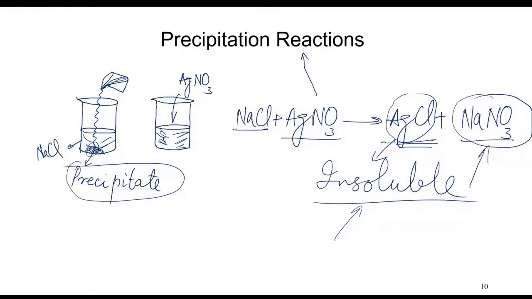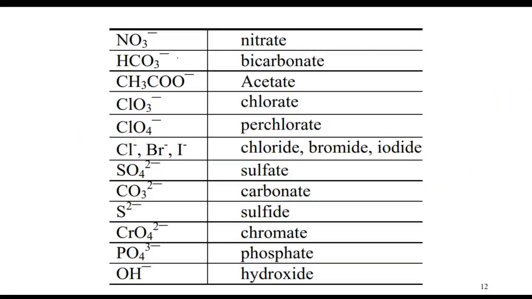Okay, friends, now listen carefully. How do you know this ionic compound is soluble or insoluble in water? Okay, these ions: nitrate, bicarbonate, acetate, chlorate, perchlorate, all these ions are here. Now, first group elements, let's write first group elements: lithium, sodium, potassium, rubidium, cesium.